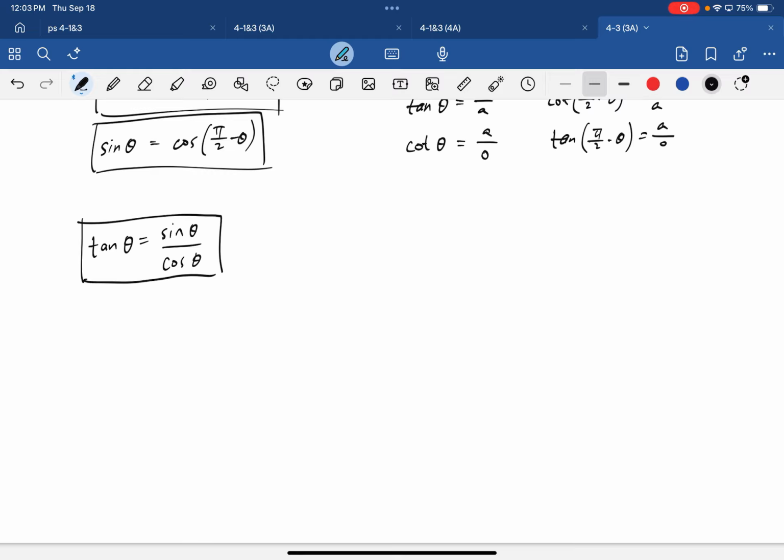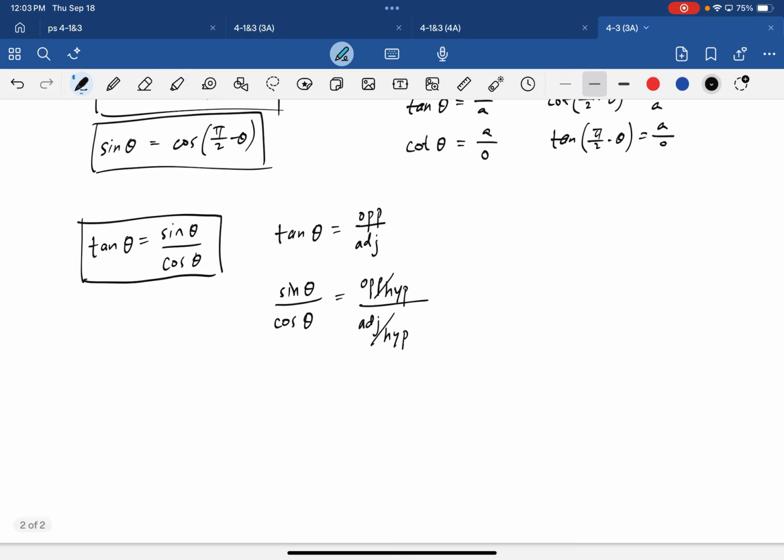This is super easy to figure out, right? Because what is tangent equal to? It is equal to opposite over adjacent. And sine theta over cosine theta is equal to opposite over hypotenuse over adjacent over hypotenuse.